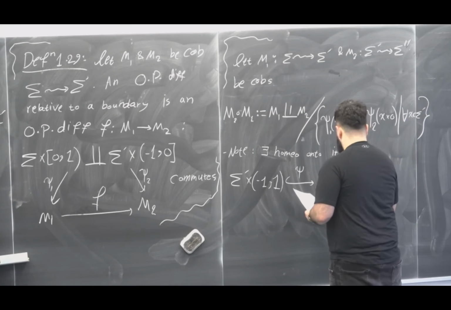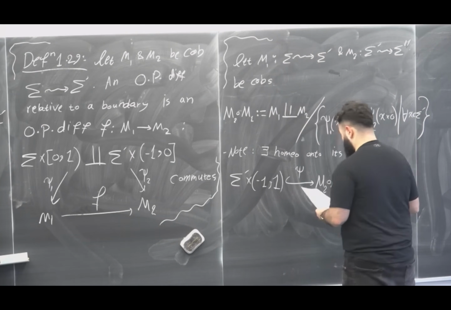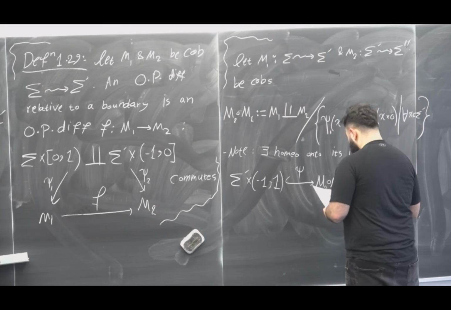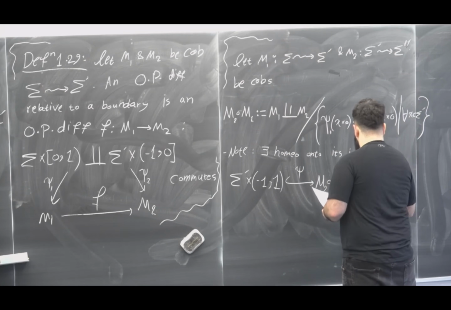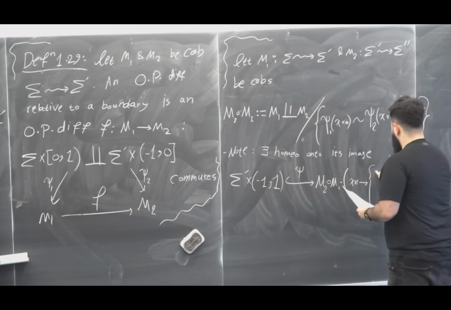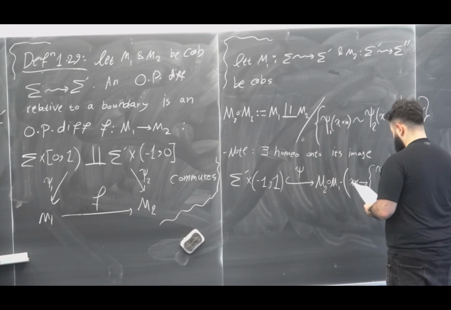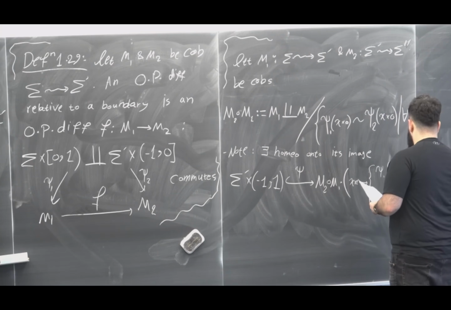What this does element-wise is it takes an x Cartesian product t and maps it to our first diffeo acting on x cross t for negative time.